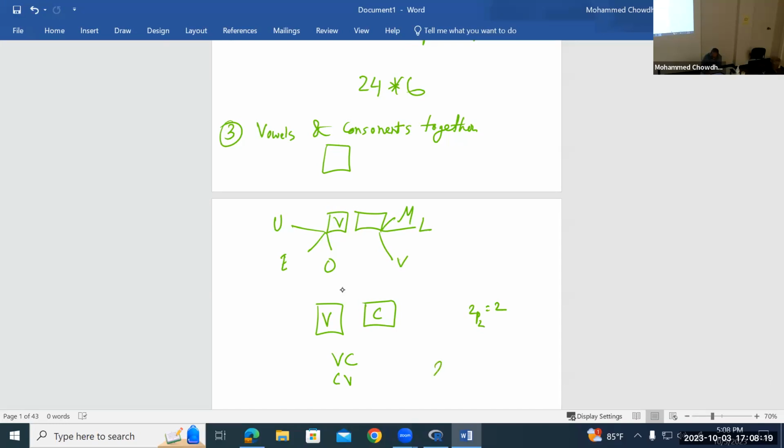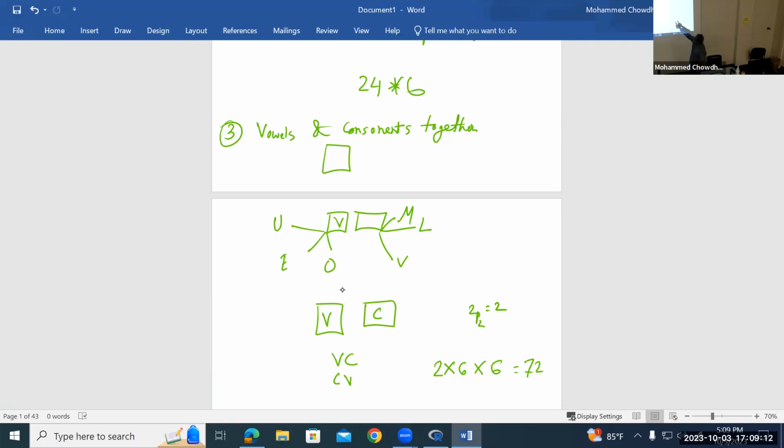These are the 2 ways: vowel, consonant, or consonant, vowel. Then the consonants can be arranged among themselves in 6 ways, and the vowels can be arranged among themselves in 6 ways. So that means 72. Are you understanding these computations?